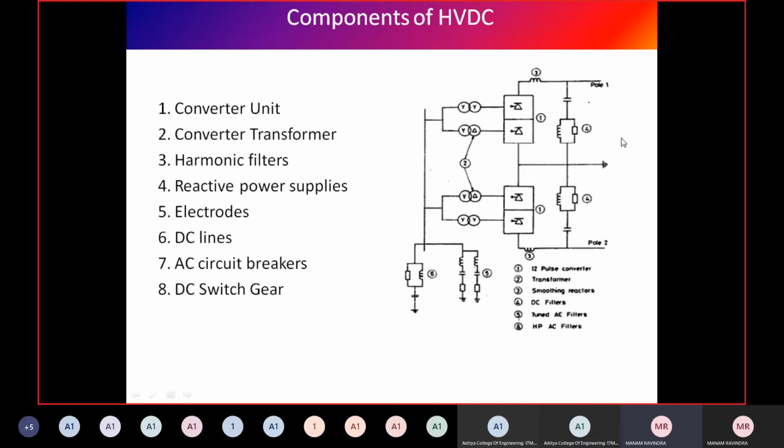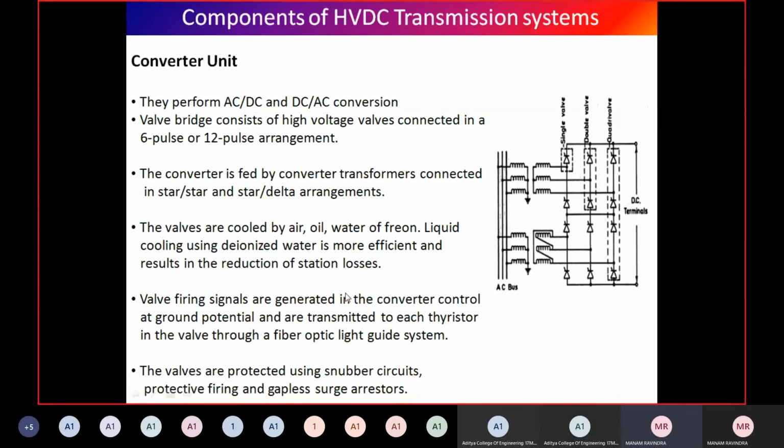Electrodes are used to earth the supply, and DC lines are used here. AC circuit breakers and DC switchgear systems are used to avoid fault conditions in case of AC as well as DC.